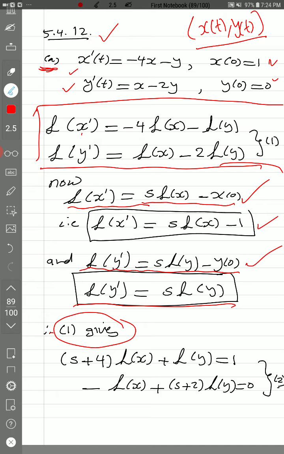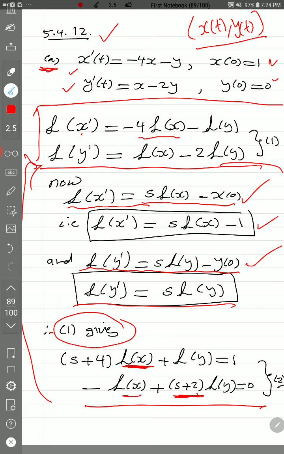We take L of y to the other side, plus the minus 4, so it will be L of x as a factor. And here L of y is a factor in the second equation. So we get a system of 2 equations in L of x and L of y, like algebraic equations.